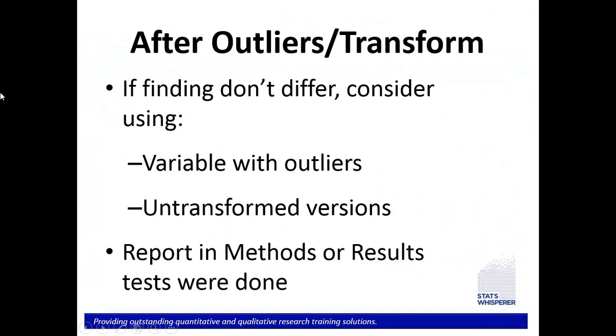Now you can always do the same thing as we talked about with removing the outliers, where you could do the regression with the data transformed, right? If it's more normal with the data transformed version, you could do the regression model with the data transformed version and with the untransformed version, right? And if the findings are similar, you could just leave in the untransformed version and report it was not normal, but put in the methods that it was also tested with a more normal transformed version, and the findings did not differ, right?